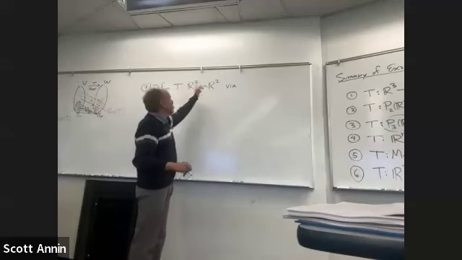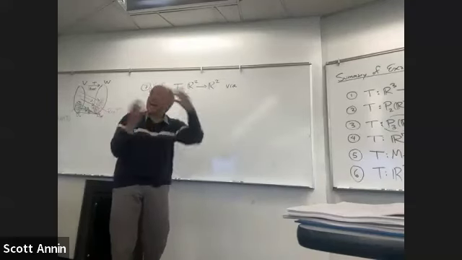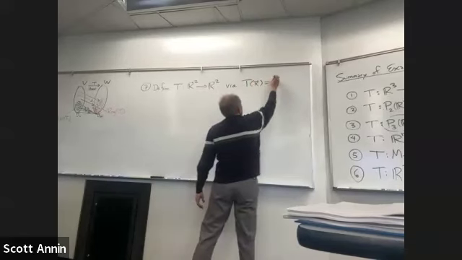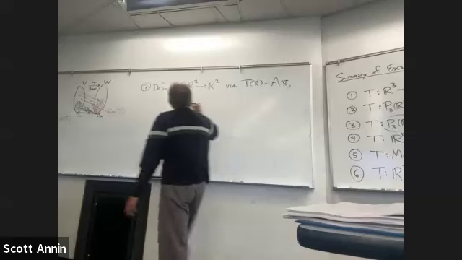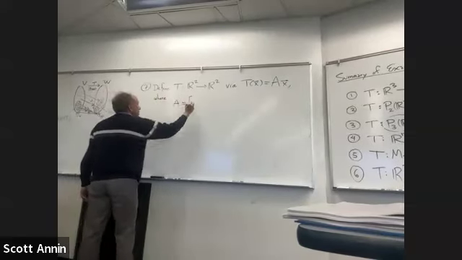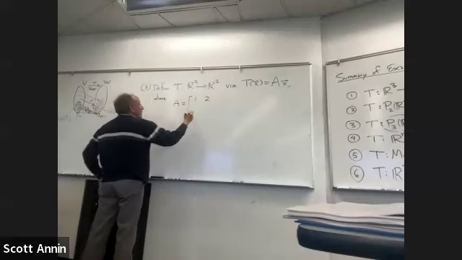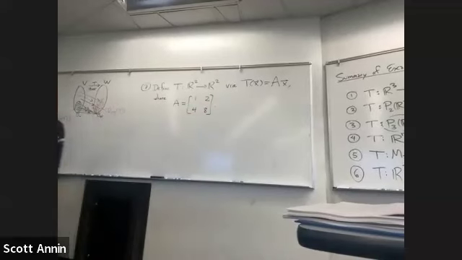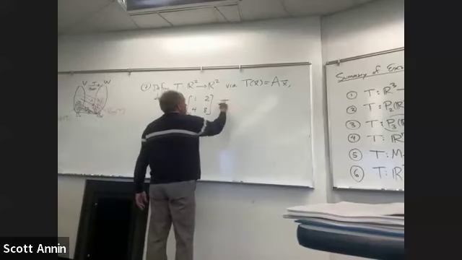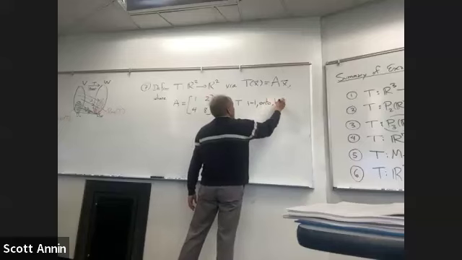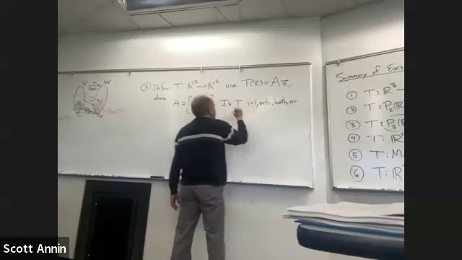Because remember, Rn goes to Rm relates to an m by n matrix. So I'm going to define this via T of x equals Ax, where A is going to be the matrix 1, 2, and then 4, 8. And I'm going to ask, is T 1-to-1, onto, both, or neither?